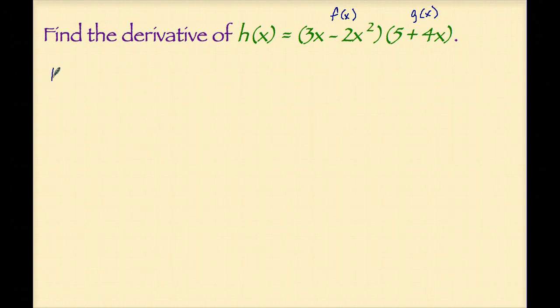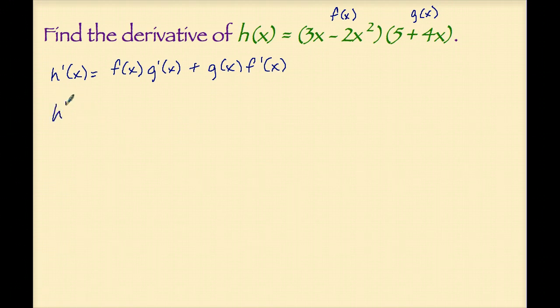Remember then that the product rule states that the derivative of this function of products will be f of x, the first function, times the derivative of the second, g prime of x, plus the second function, g of x, times the derivative of the first function, f prime of x.